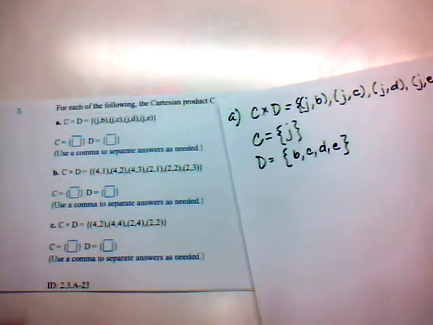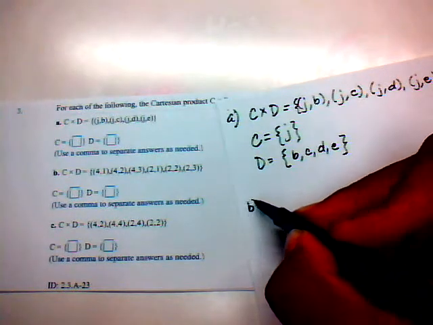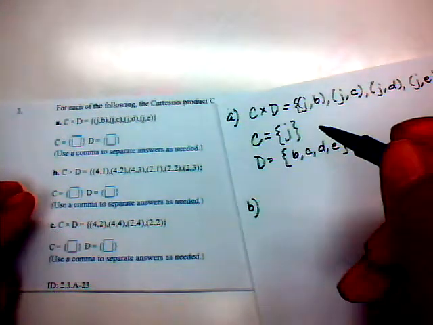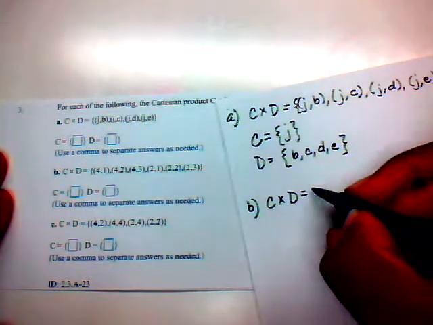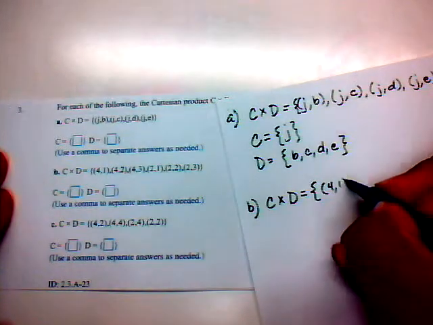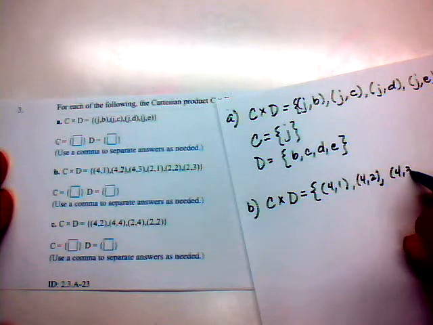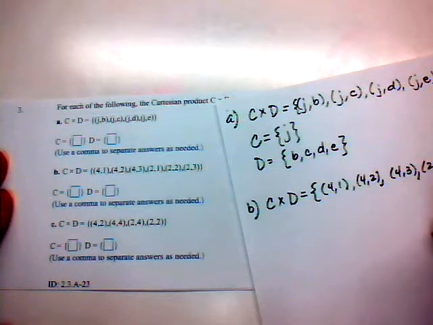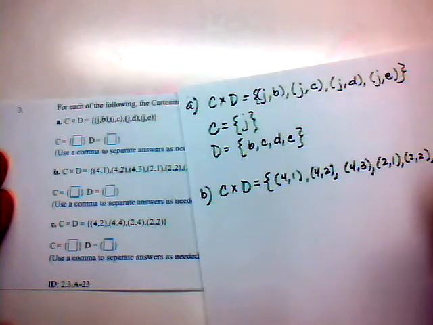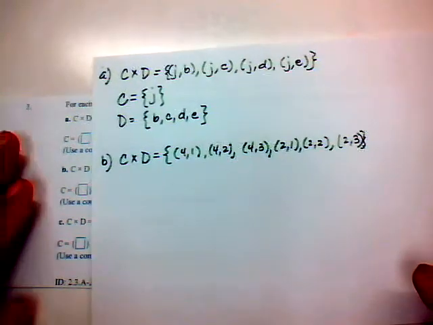Okay, now let's look at part B. In this case here, C cross D had these elements: (4, 1), (4, 2), (4, 3), (2, 1), (2, 2), (2, 3). And we want to find out what C and D were to start off.